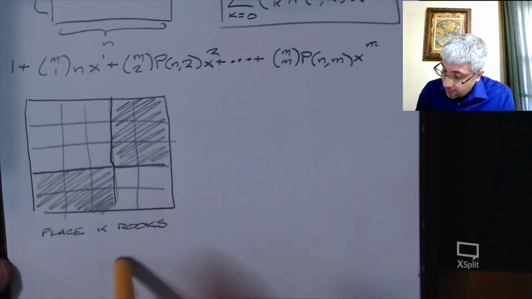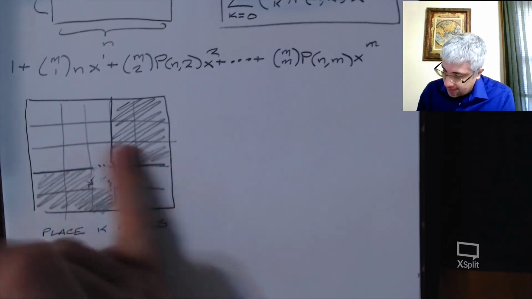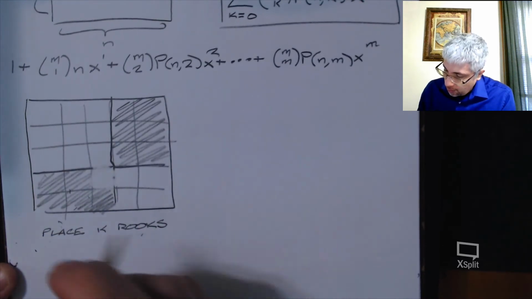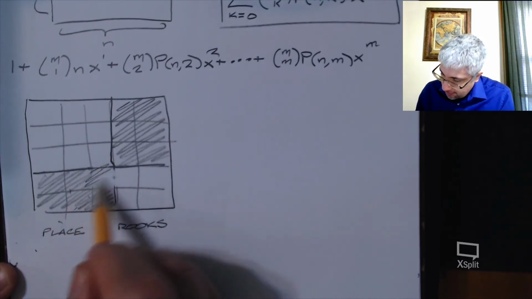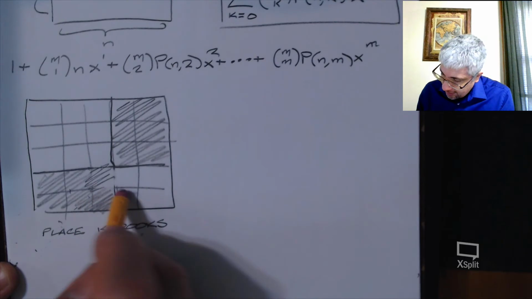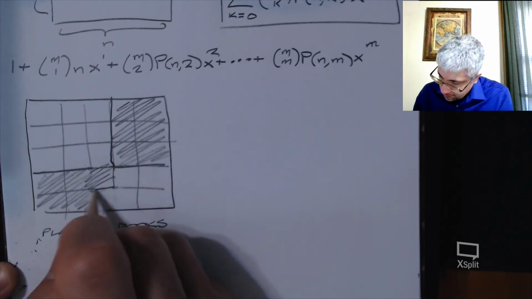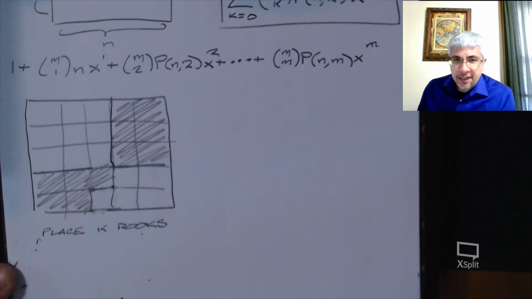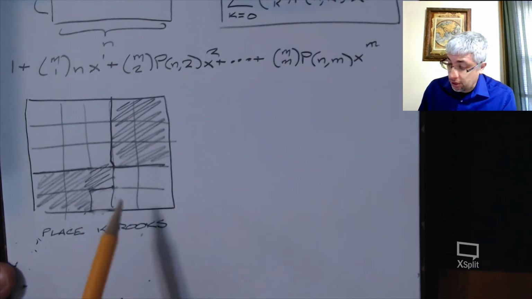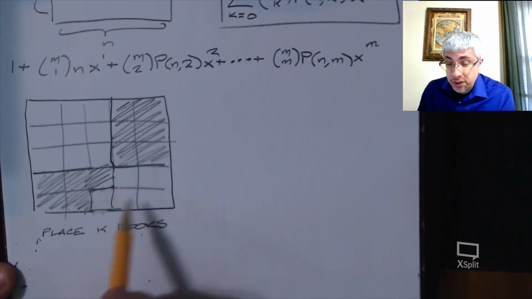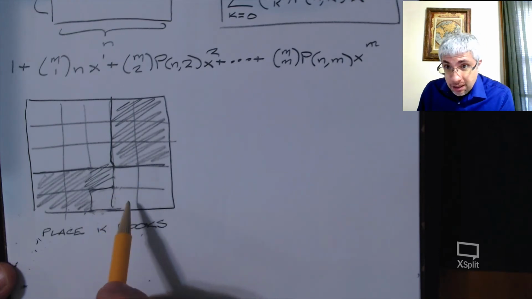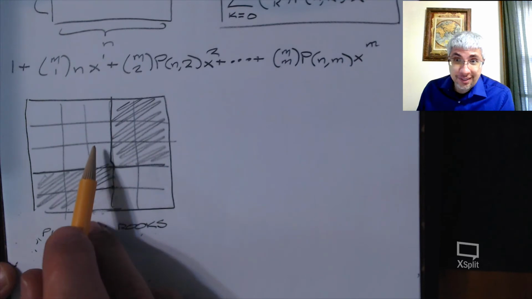If I change the board by doing, say, something like that, or it doesn't have to be connected, let's say I do this. Now I can't make the same argument because what spot I use to place a piece here, well, that might affect the choices I have left here.